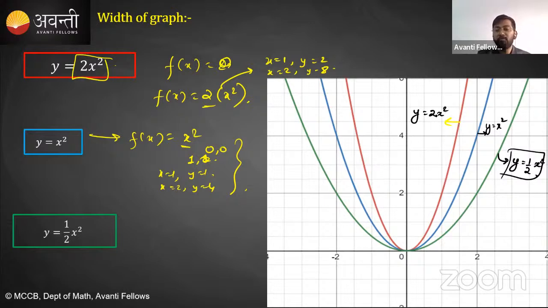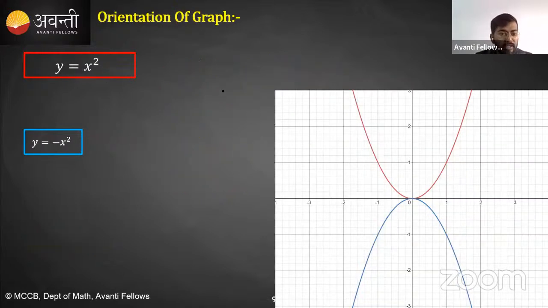So whenever you multiply by a constant greater than 1, the graph shrinks. And whenever you divide by a constant greater than 1, the graph expands, right? This graph has expanded here and shrunk here. So this is how you can understand.